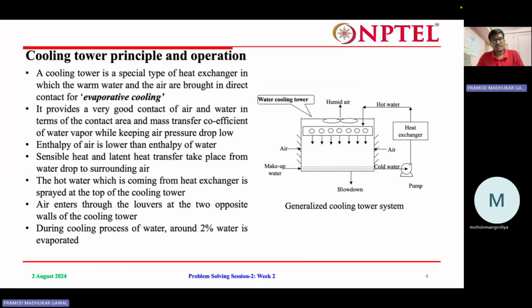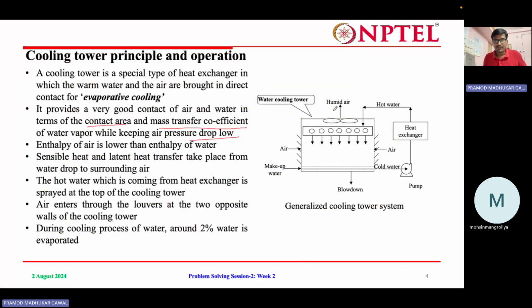The cooling tower is a special type of heat exchanger in which warm water and air are brought in contact for evaporative cooling. It provides very good contact of air and water in terms of contact area and mass transfer coefficient of water vapor, while keeping the air pressure drop low, and the enthalpy of air is lower than the enthalpy of water.